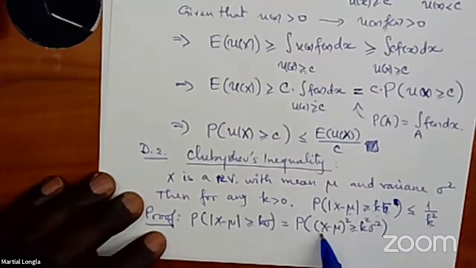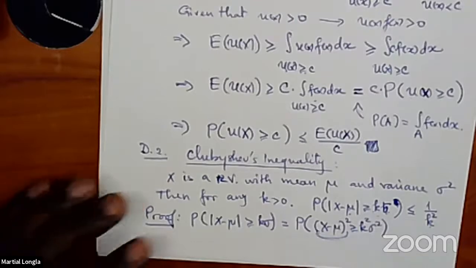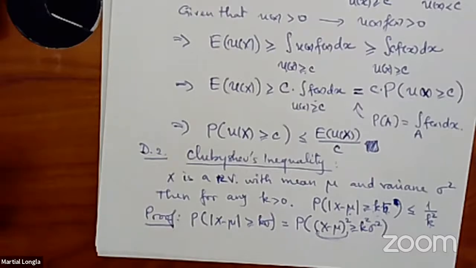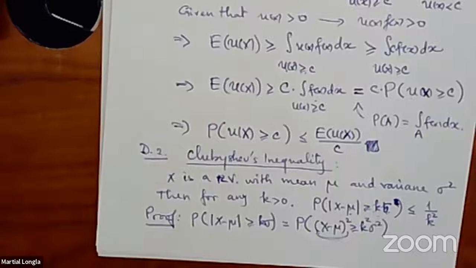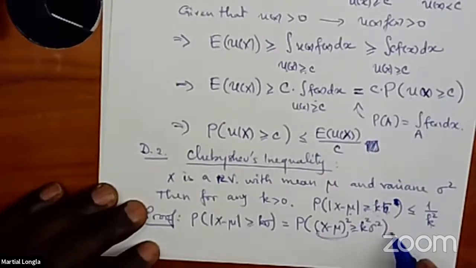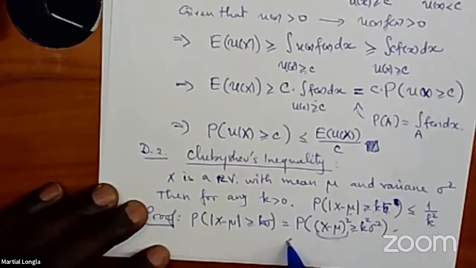And look, this is a positive function of the random variable x because the square is never negative, right? So the condition of Markov's inequality is satisfied, and therefore this is less than or equal, here you say Markov.